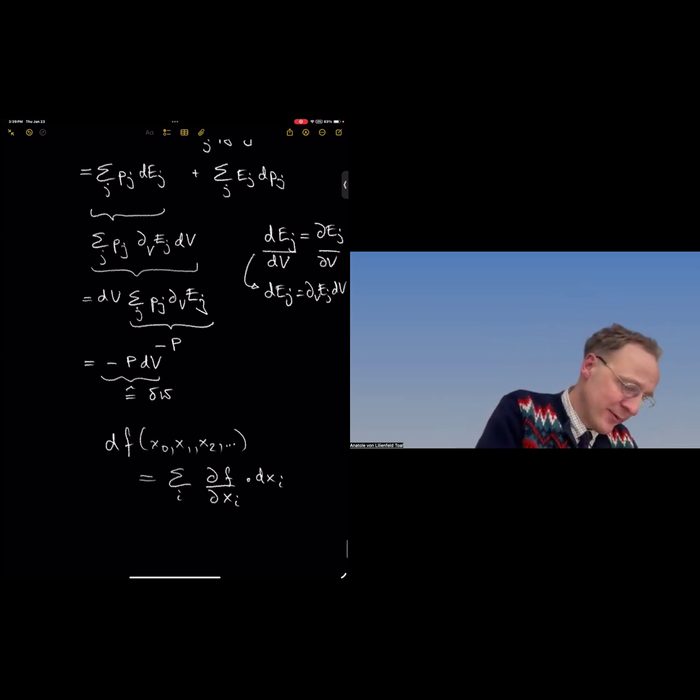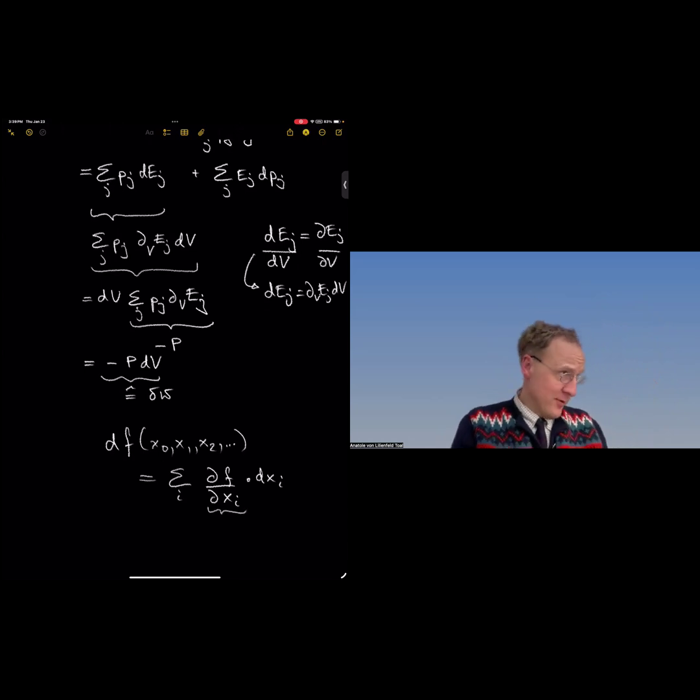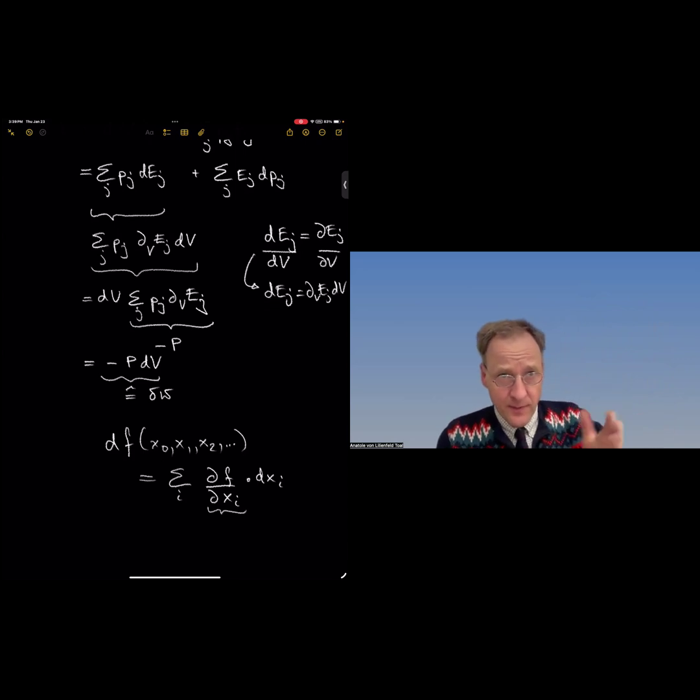So this is your total differential, and these are your partial differentials, right? Those that are only evaluated with respect to a single variable.